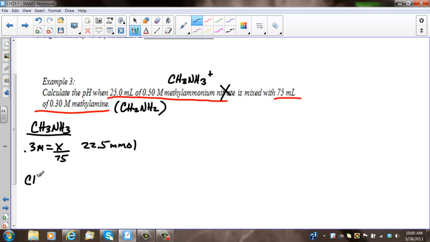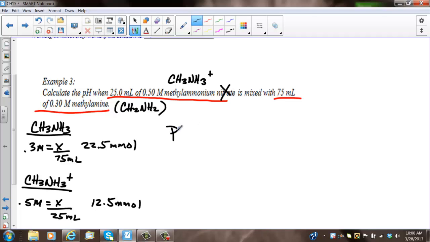And my methyl ammonium is going to be 0.5 molar and 25 mils, which is going to give me 12.5 millimoles. Well, I definitely have significant quantities, so pH equals, so we need the pKa here.